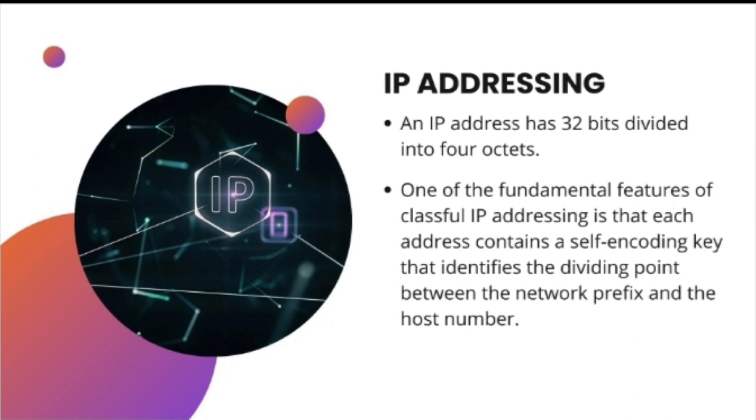One of the fundamental features of classical IP addressing is that each address contains a self-encoding key that identifies the dividing point between the network prefix and the host number.